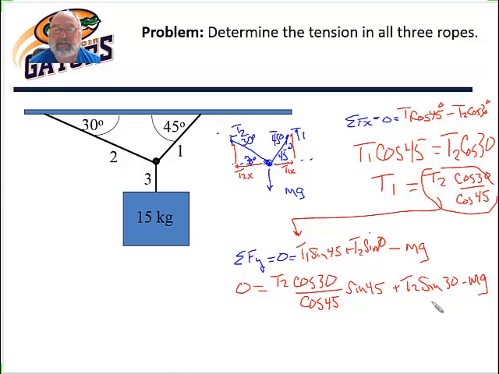Okay, so our equation is written out with our substitutions in. I'm going to move mg to the left side of the equal sign. And then I'm going to factor T2 out of what's left over.